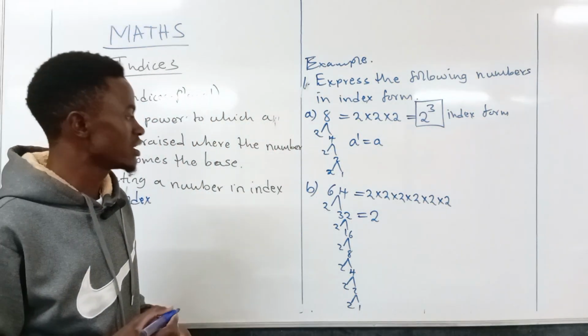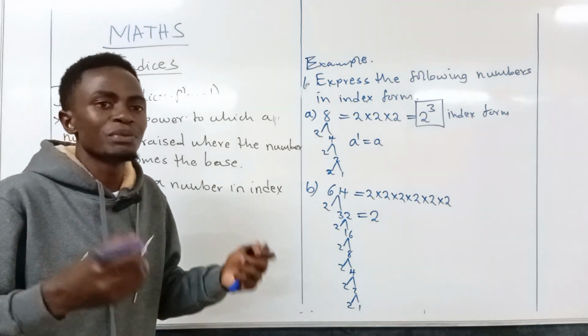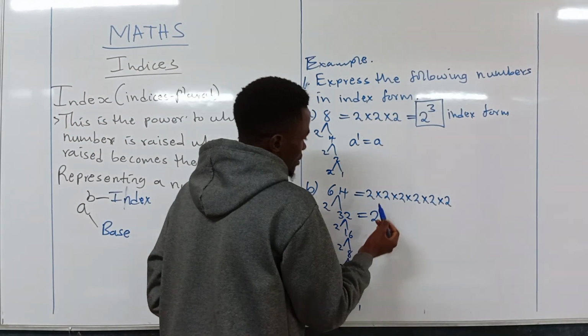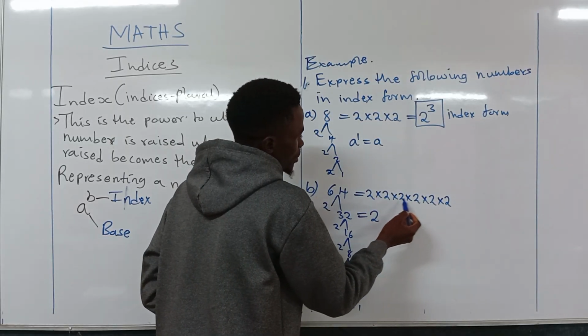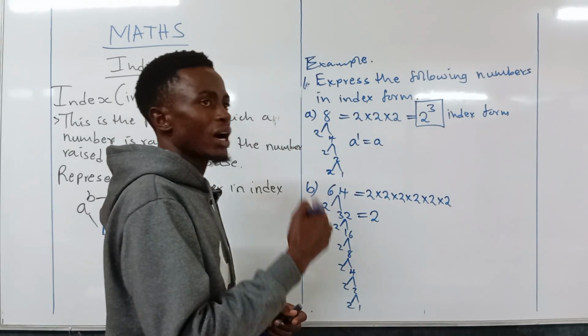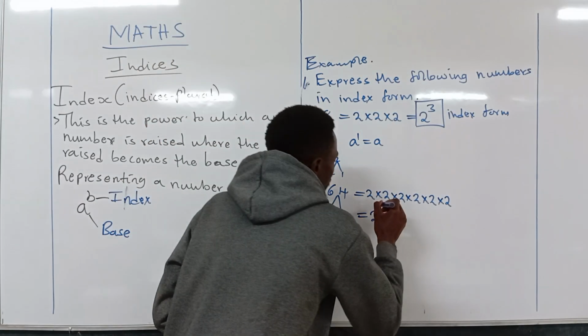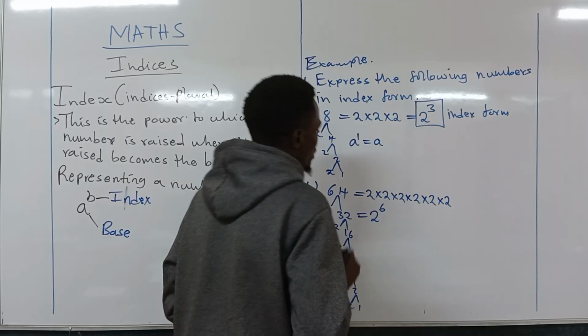And then the next thing we need to do is understand how many times 2 has repeated itself. It has repeated 1, 2, 3, 4, 5, 6. So the number of times 2 has repeated itself is going to be our index number. So it's going to be 2 power 6.